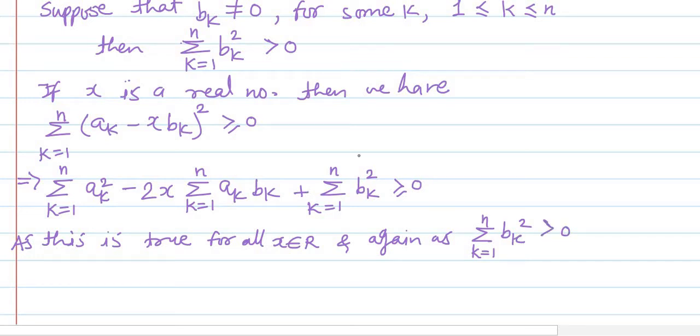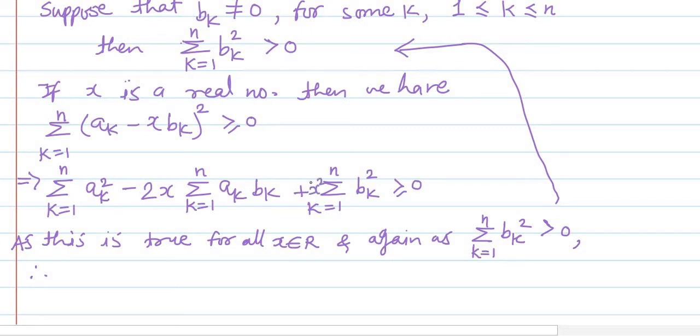Why is this greater than 0? Because just now we stated that the summation of bk square is greater than 0. If in place of greater than or equal to 0 it were equal to 0, this is a quadratic equation in x.